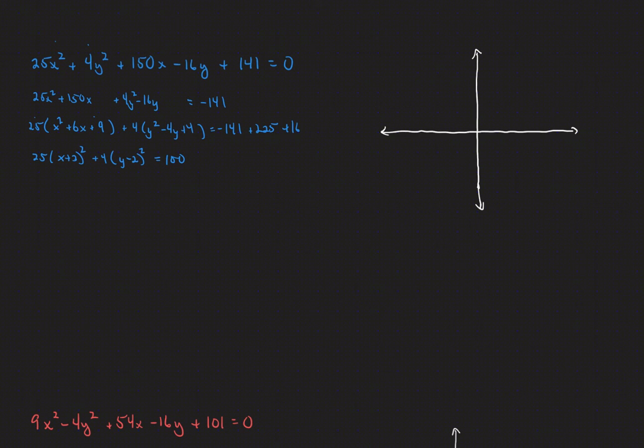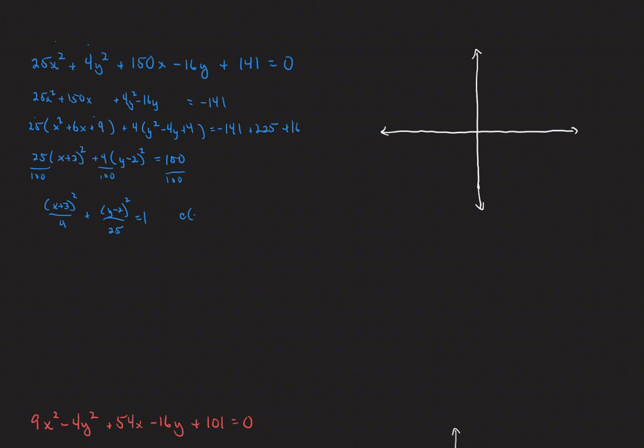Oh, things are looking good. We're going to divide through to make the right-hand side 1, and so we'll get x plus 3 squared over 4 plus y minus 2 squared over 25 equals 1.